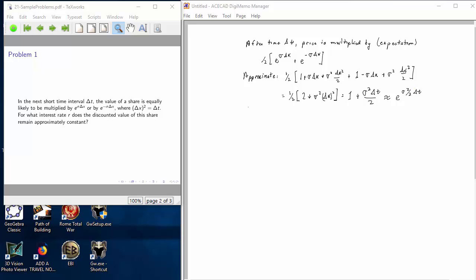And here's a nice interpretation of that. If the interest rate is r equals sigma squared over 2, then if I take the expectation after time delta t and discount by e to the minus r delta t, I get the original value.